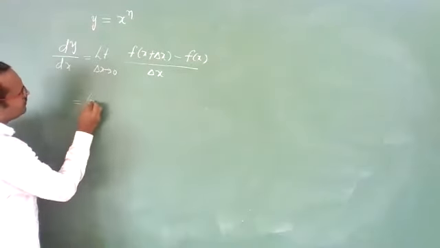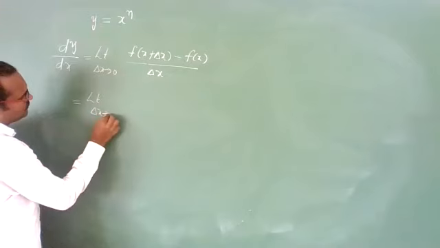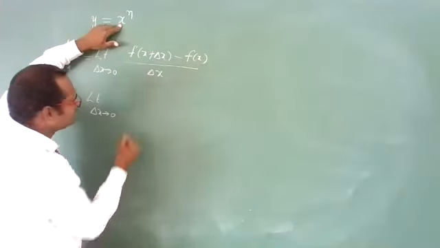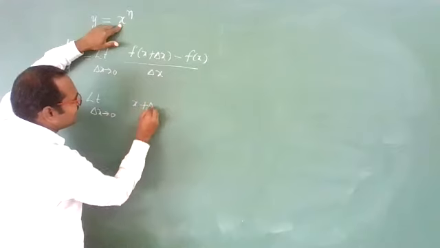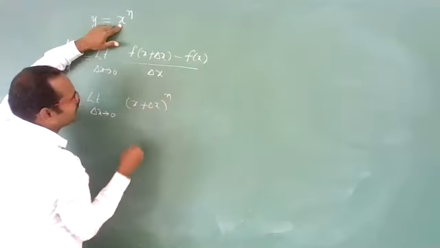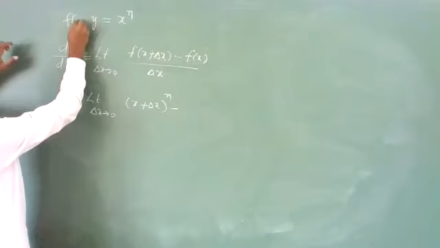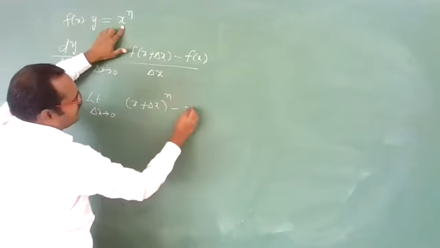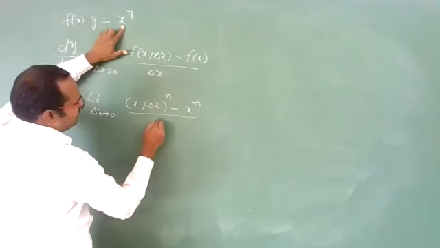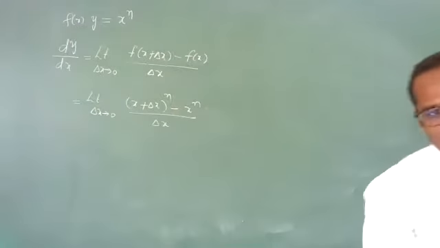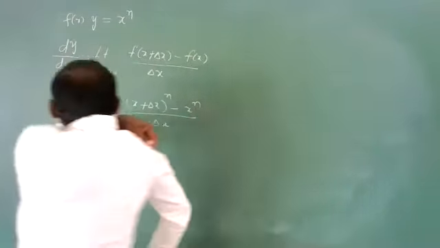So limit delta x tends to 0, f of x plus delta x means this value increased by delta x. You will get (x plus delta x) whole power n minus f of x, this is f of x, that is nothing but x power n, divided by delta x. Did you get it?